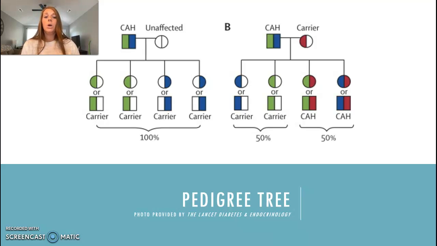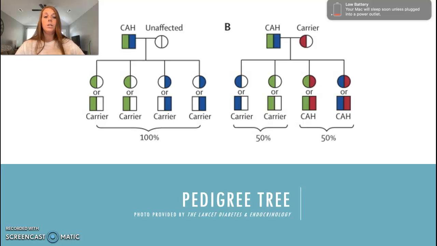In B, we have an affected congenital adrenal hyperplasia person, and we have a carrier person. So again, the affected person is always going to pass down a gene that has the congenital adrenal hyperplasia. The carrier will 50% of the time pass down the gene that carries the disease, and 50% of the time they're going to pass down a gene that doesn't have the disease.